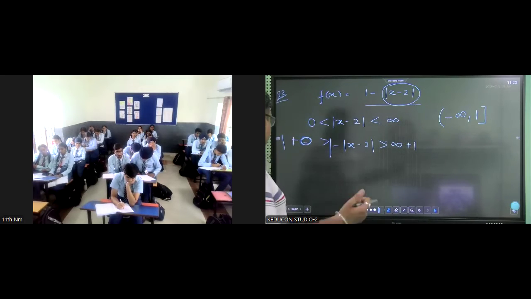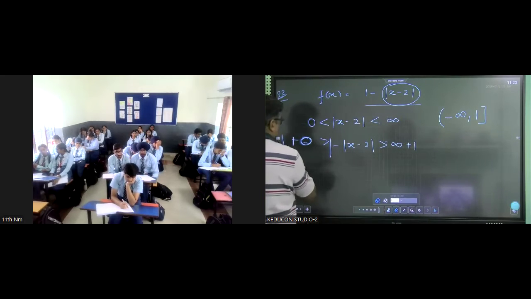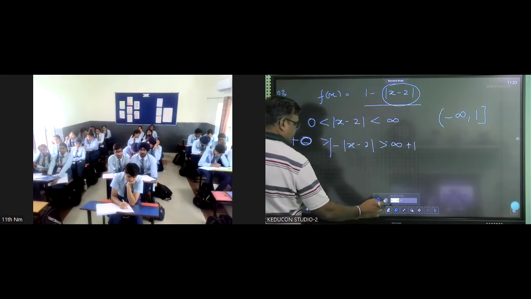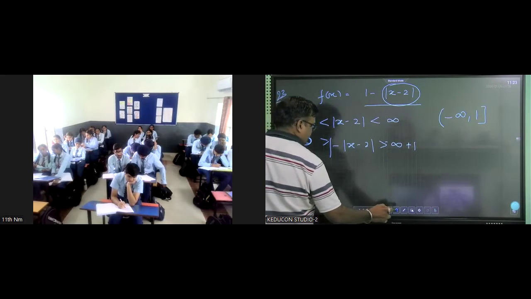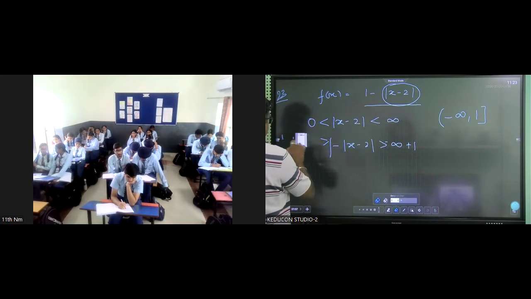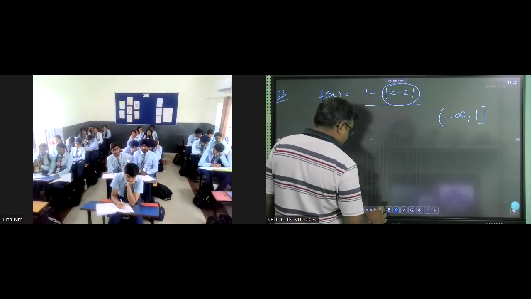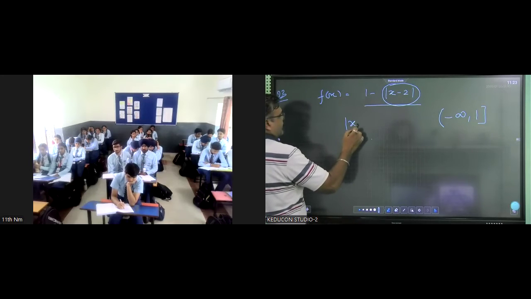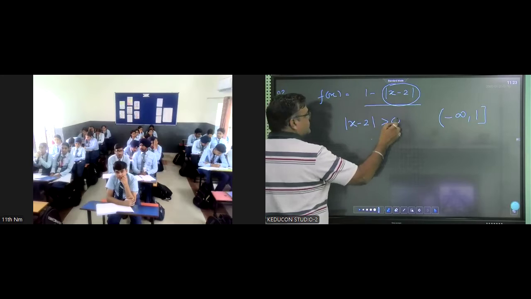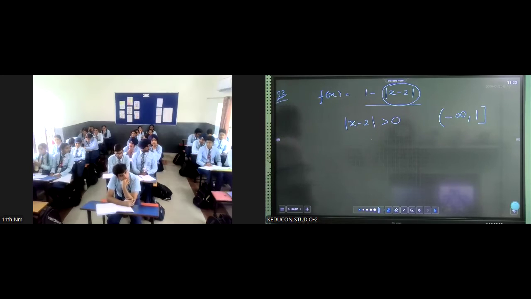चलो मैं दूसरे तरीके से कोशिश करता हूँ आपको एक्सप्लेन करने की. देखते हैं. X minus 2 is always greater than 0.